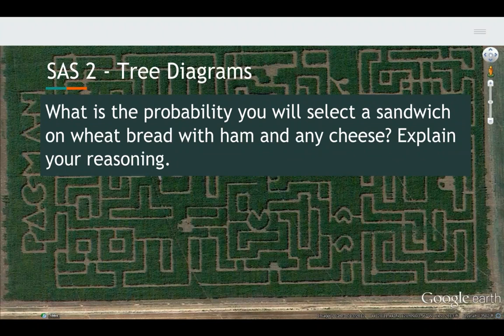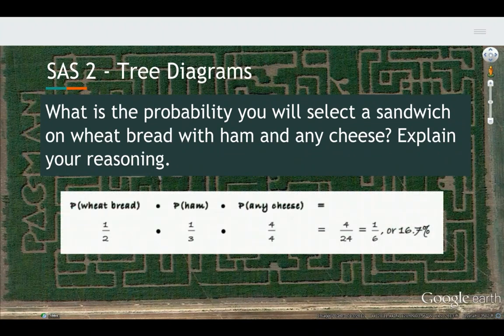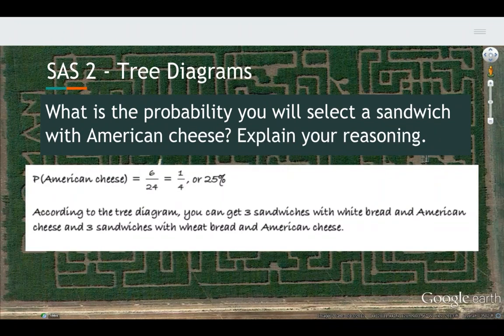Probability to select a sandwich on wheat bread with ham or any cheese. Let's see. Wheat bread, ham, any cheese: 1/2 times 1/3 times 4/4. Any cheese, 4 of the 4 selections, right? I want to go back and look at that one sandwich. 6 American cheese. 2 of 2 of the wheat or white bread, doesn't matter which one. So we're going to say 2 of the 2 selections can be chosen.